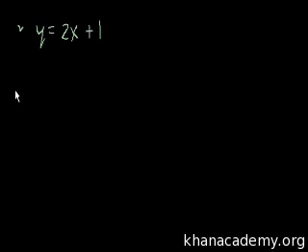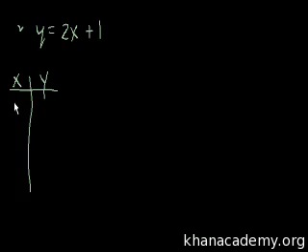So let's do that. There's a little table here, x and y. And let's just throw out some random numbers for x. If x was, let's say, -1, then y would be 2 times -1, which is -2, plus 1, which would be -1. If x was 0, that's easy.